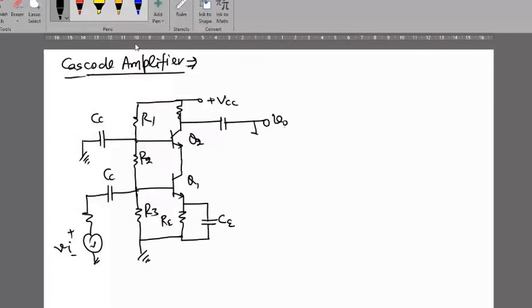This is the load resistance. Okay, this is called a cascade amplifier. This is RC. Okay, and this is RE. Okay, fine.